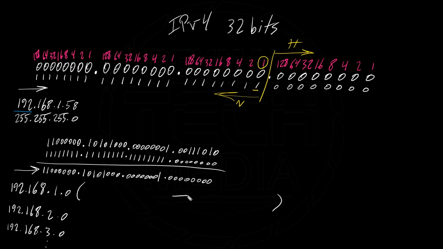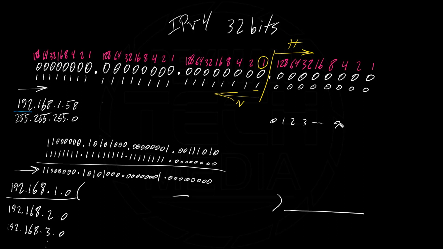And if we want to go over the range, so this is our network address, and we have the broadcast address. The broadcast address is the last IP address. It's basically one before the next one, and in this case, 192.168.2.0. Before I write down the broadcast address, let me quickly show you guys. You know how in decimal value we have 0, 1, 2, 3, and so on. When we get to 9, what happens?